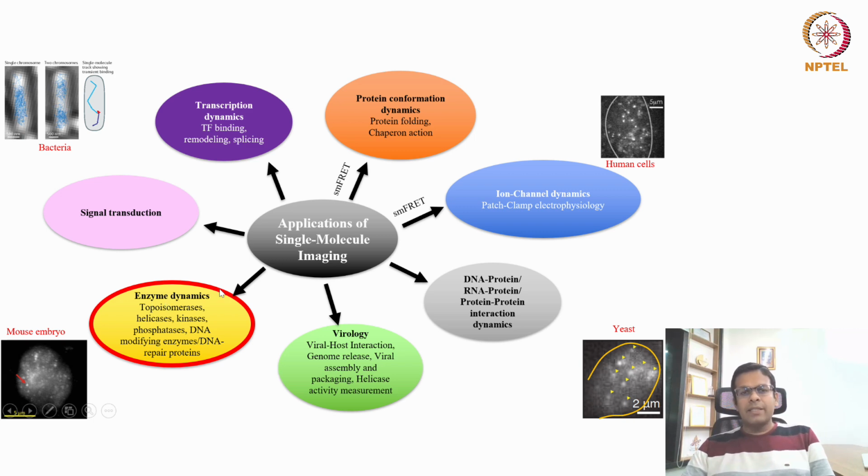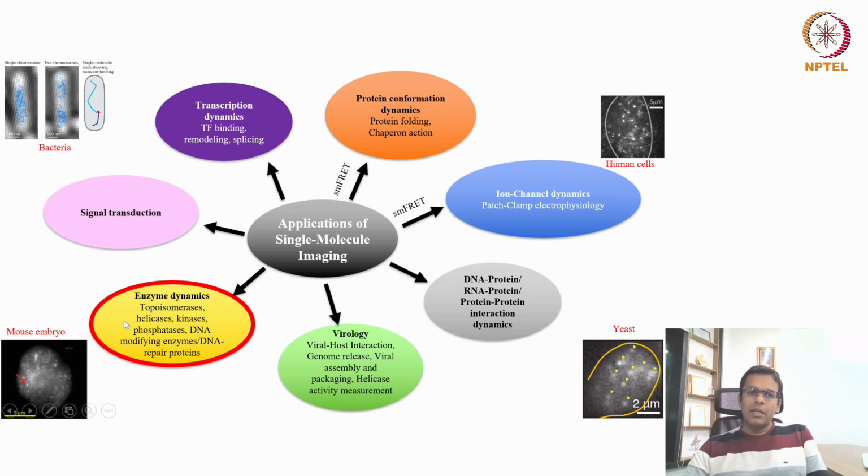Then to study enzyme dynamics, like if you want to study the dynamics of topoisomerases, helicases, kinases, phosphatases, all these DNA-interacting proteins, and how they actually work on DNA, it is still in its infancy. That's why this technique is very powerful to quantify the time scale of the biological process.